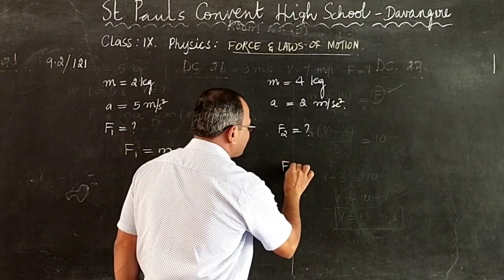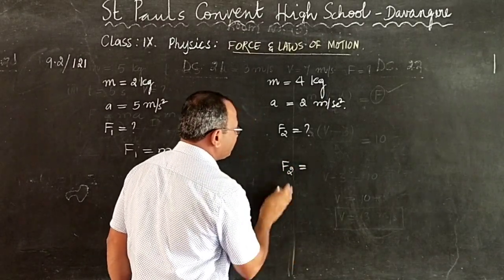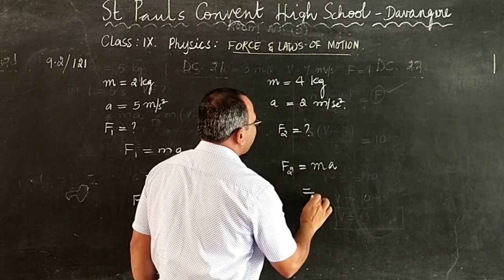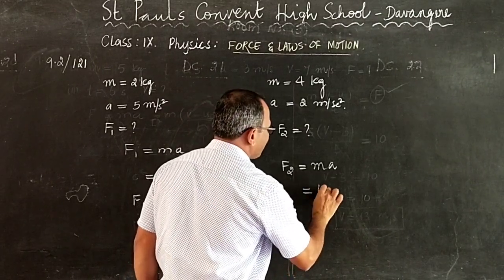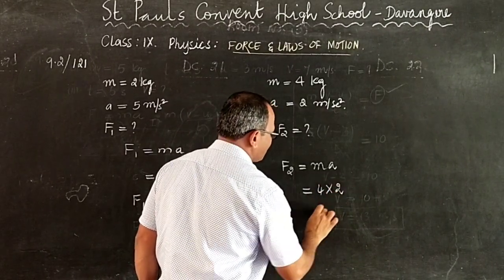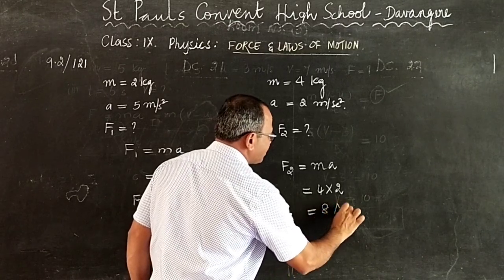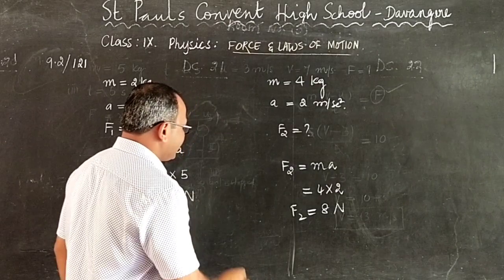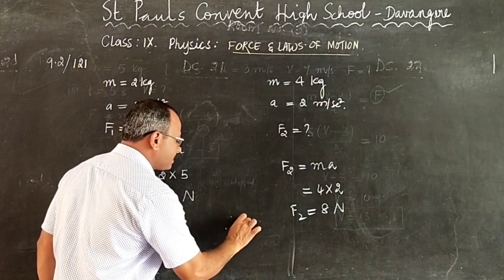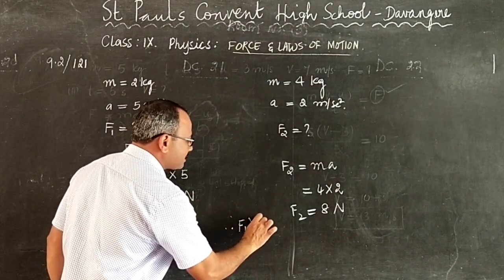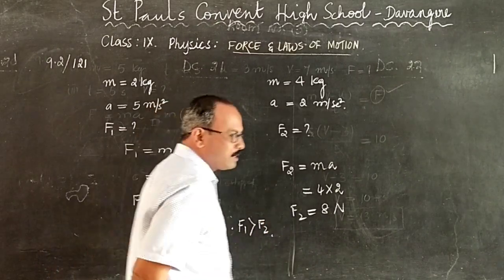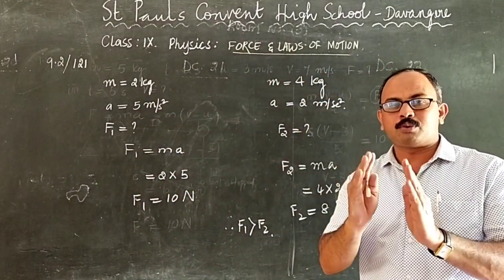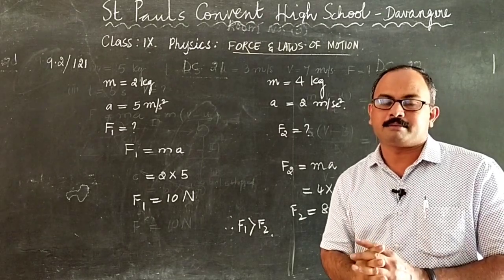Similarly, F2 will be equal to mass into acceleration, children. Mass is 4 kg, acceleration is 2, therefore 8 Newton. So the conclusion is F1 is greater than F2. In the first case, the application of force is greater.